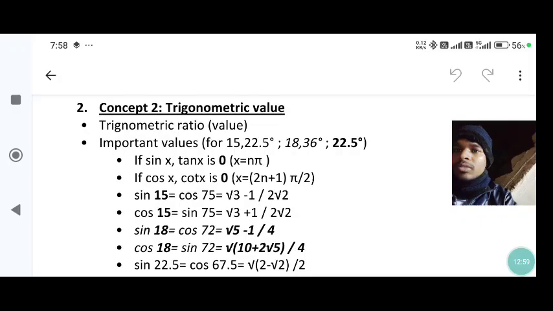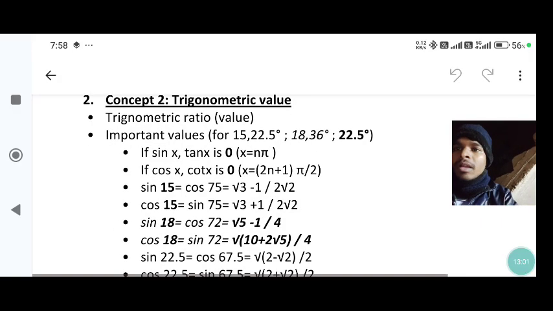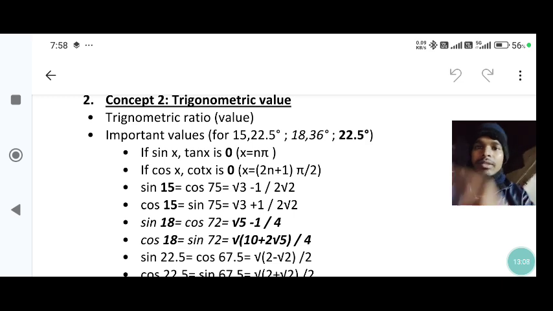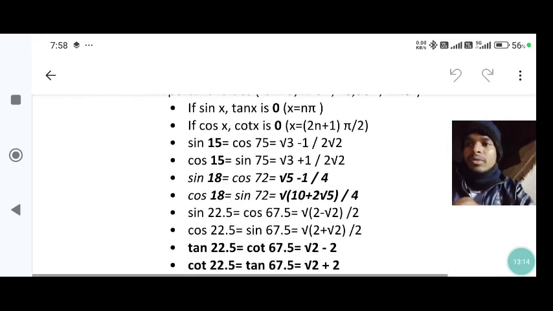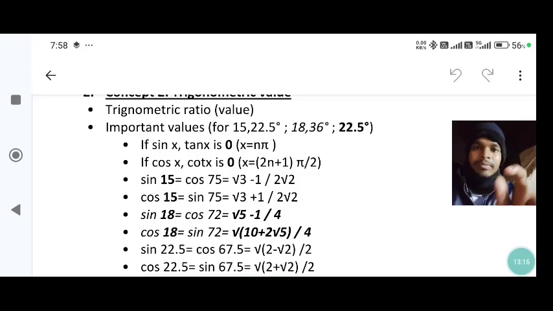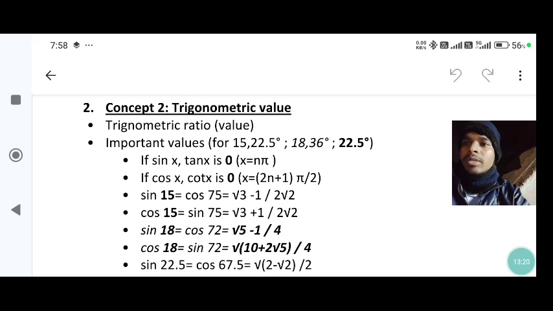Concept 2 is for trigonometric values. There is a chart of 5 different angles and different trigonometric ratios are mentioned, and across each other some values are mentioned that should be memorized.